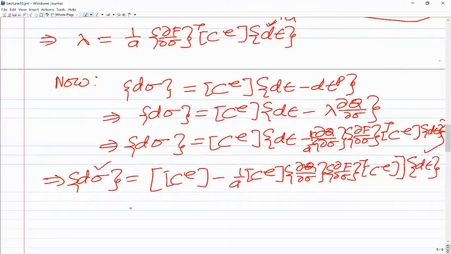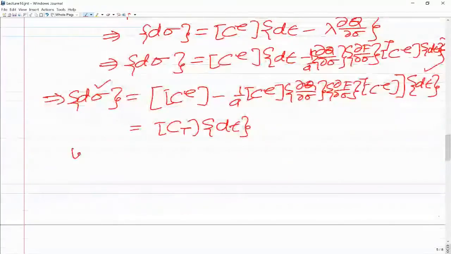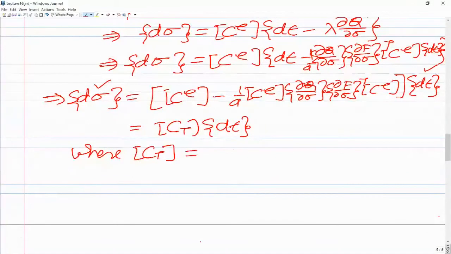So we write this relationship as Ct into d epsilon, where Ct is the tangent constitutive matrix, equal to Ce, where superscript e stands for elastic. So that's the elastic constitutive matrix, as if the material is linear elastic.